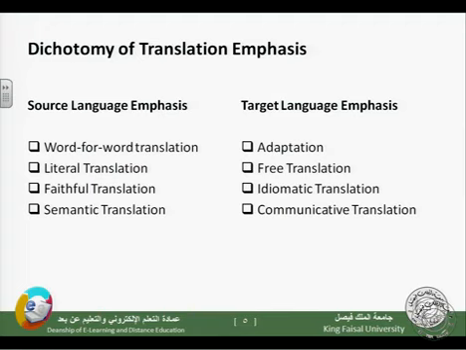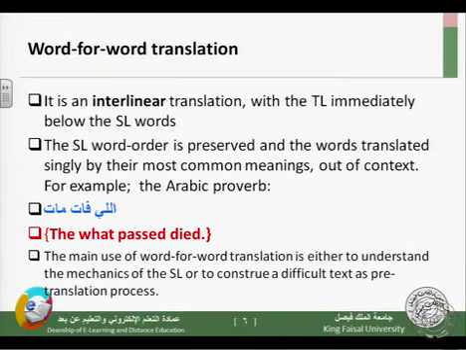But if you prefer to emphasize the target language text, then you need to use the following methods: adaptation, free translation, idiomatic translation, and communicative translation methods. So this is very important, and it's really simple, and it helps you understand all these methods. Now what we will do, we will take each method on its own to explain what we mean by these methods.